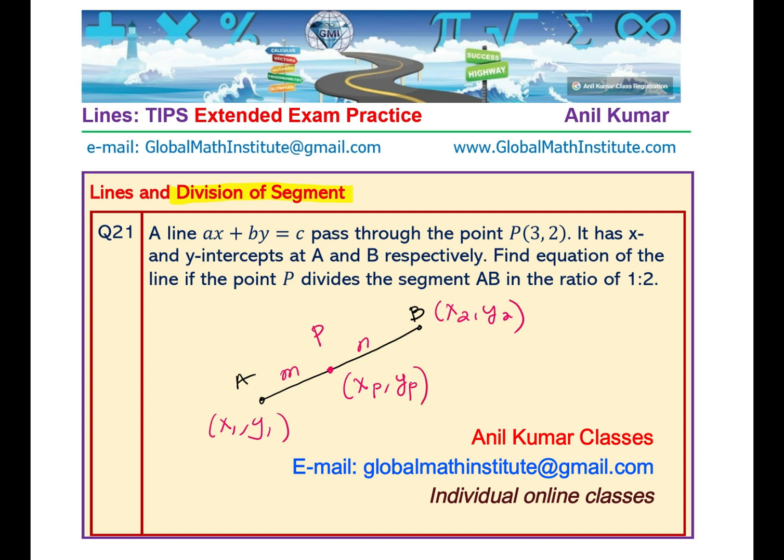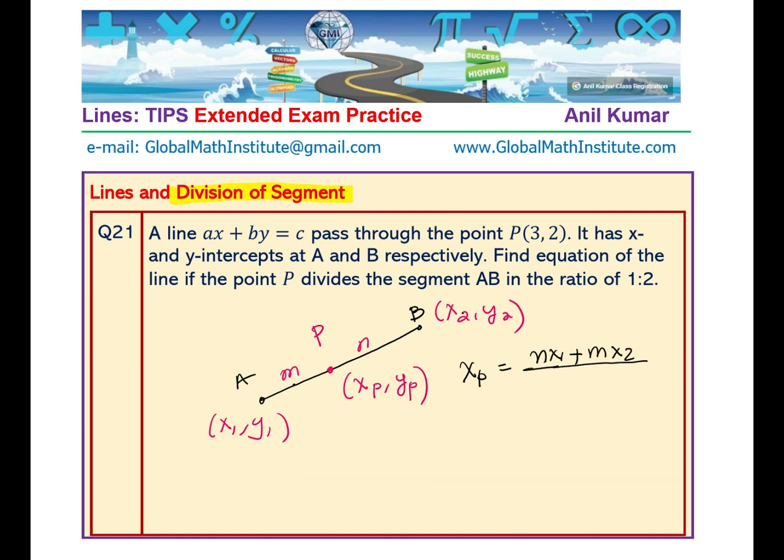Now, when point P divides the line segment AB in the ratio of m to n, the value of xp is equal to n times x1 plus m times x2, over m plus n.